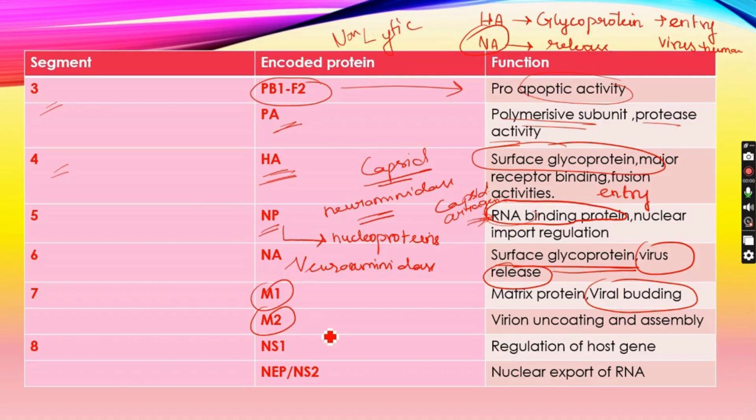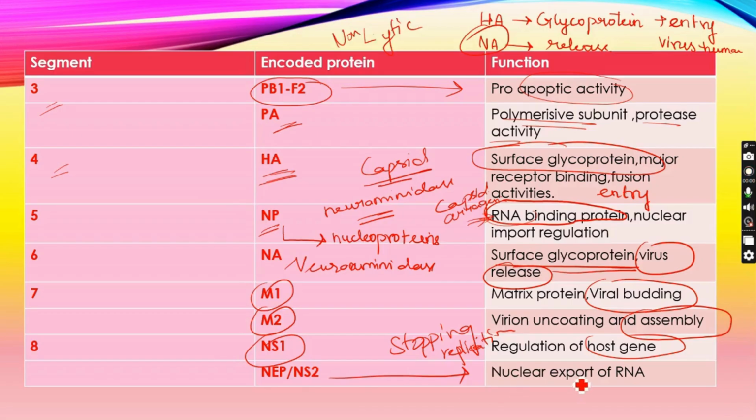The M2 is present in the matrix, and is involved in assembly of the genetic material with the capsid proteins. Next, NS1 is going to regulate the host gene by stopping the replication of the host gene and increasing the replication of the viral genome. The NEP protein is involved in nuclear export of RNA.